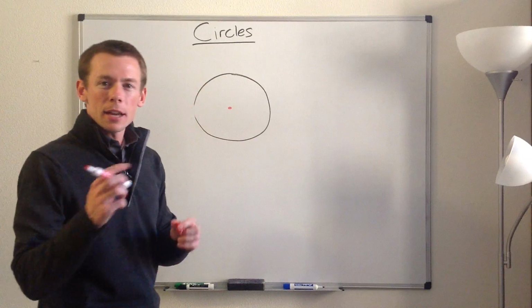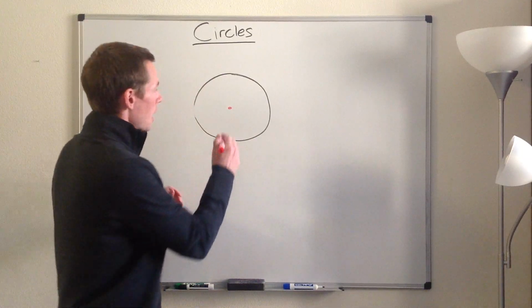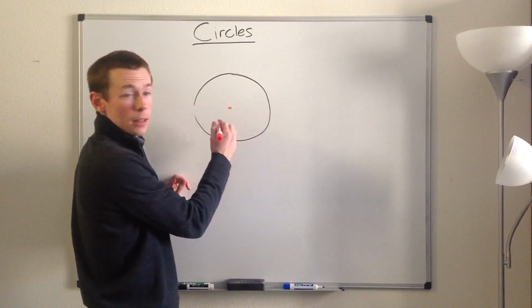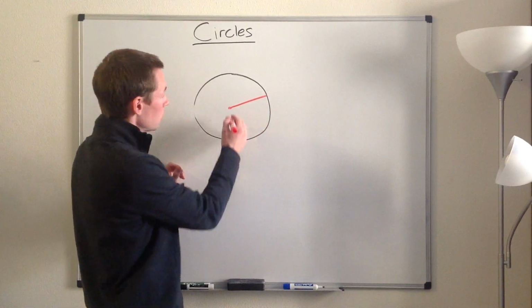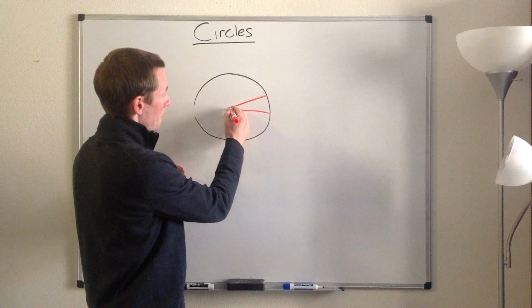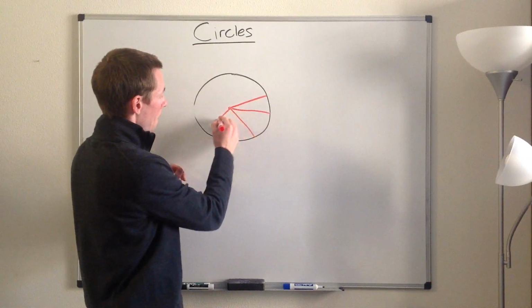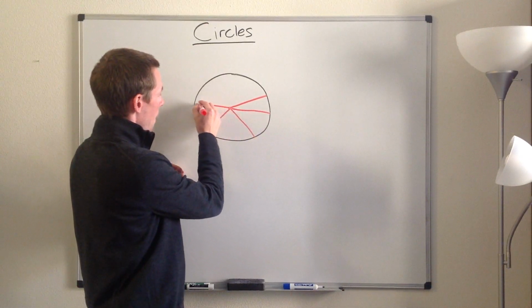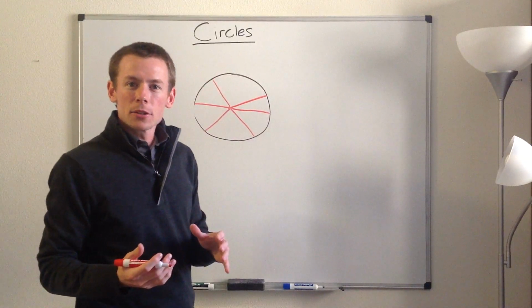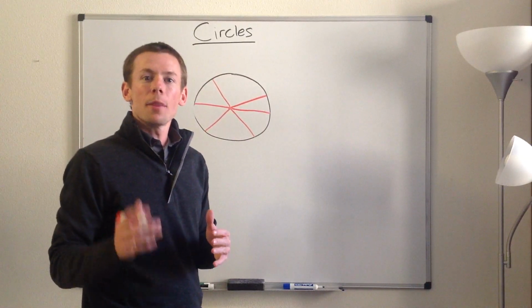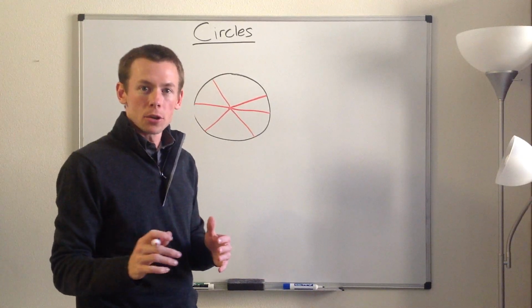Well, notice if I take my red pen from the red dot and I draw a straight line to anywhere on the circle, all these line segments are the same length, and that's what makes a circle.